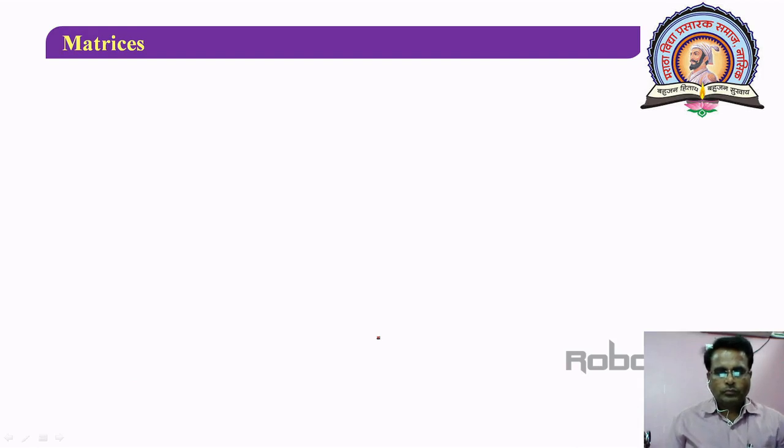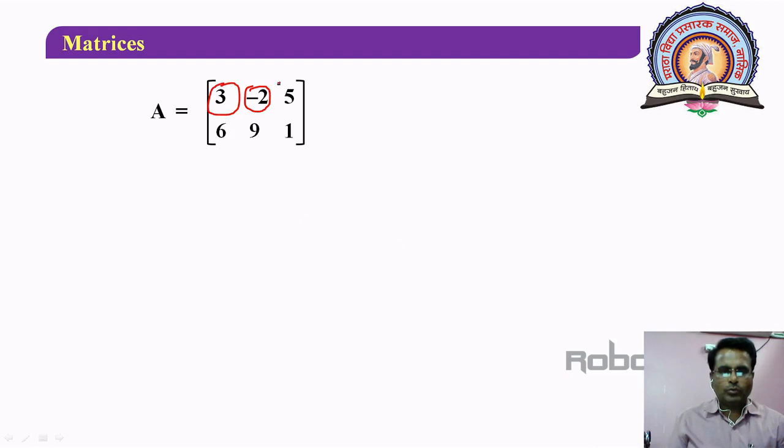Then next we have to consider a simple example. A is 3, -2, 5, 6, 9, 1. It is clear that this element is a11, this is a12, this is a13, this is a21, this is a22, this is a23.